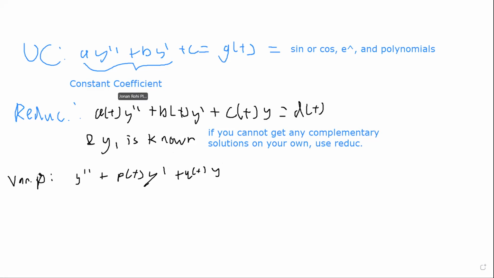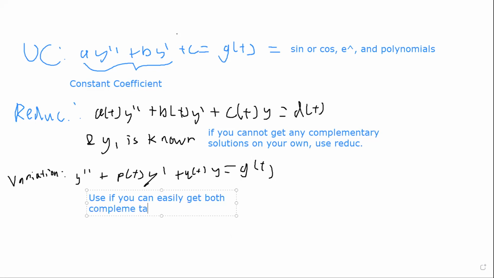Variation of parameters. Let me rewrite this as variation of parameters. Use it if you can easily get both complementary solutions or both solutions are available.